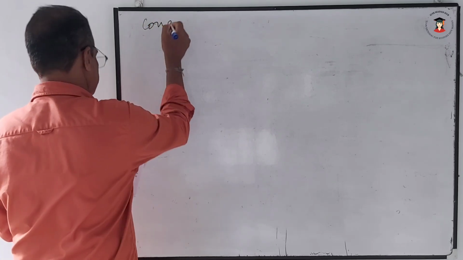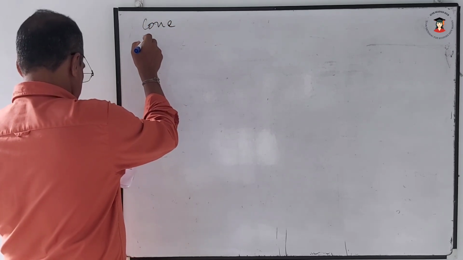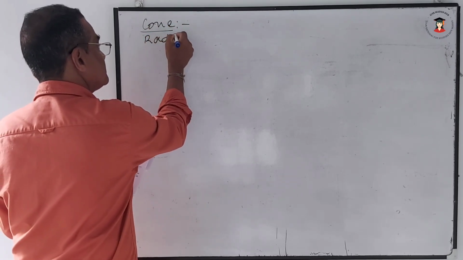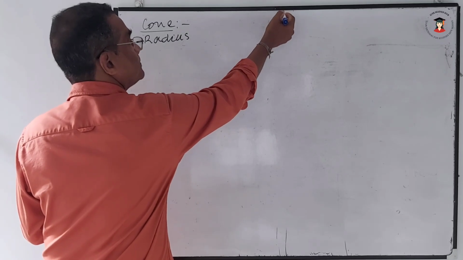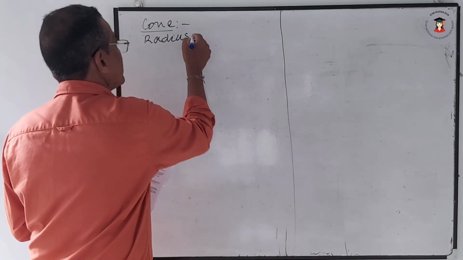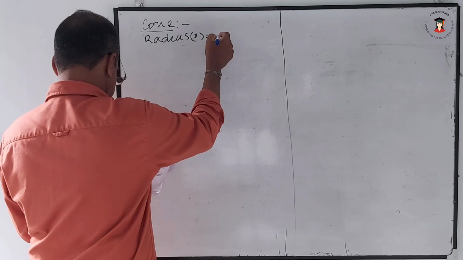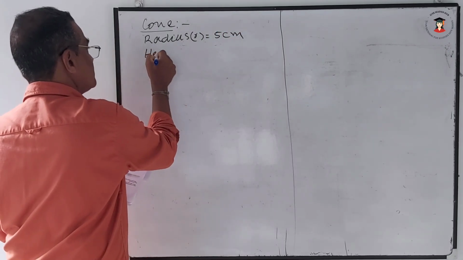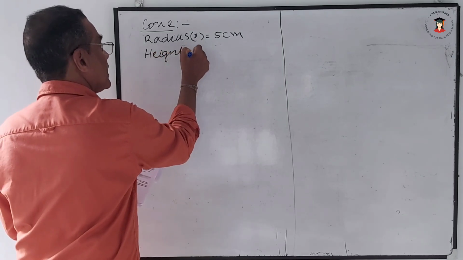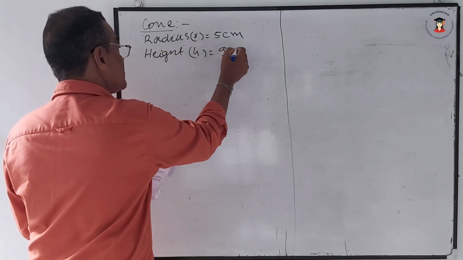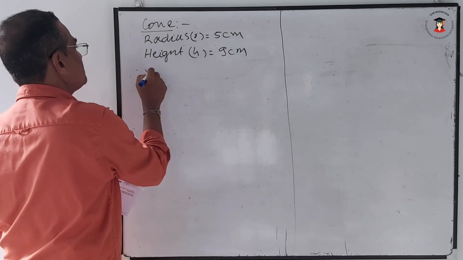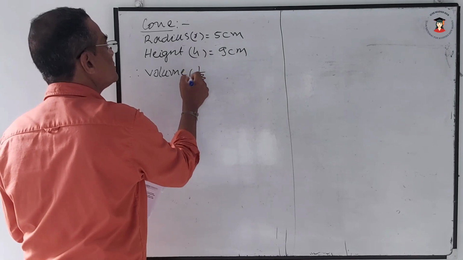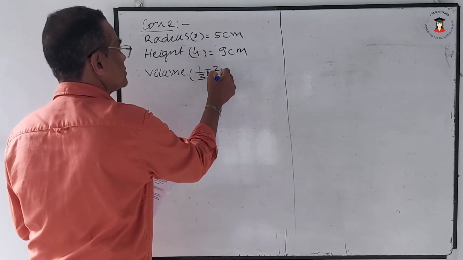Cone. Radius r equal to 5 centimeter, height h is equal to 9 centimeter. Therefore, volume is 1/3 of pi r square h.